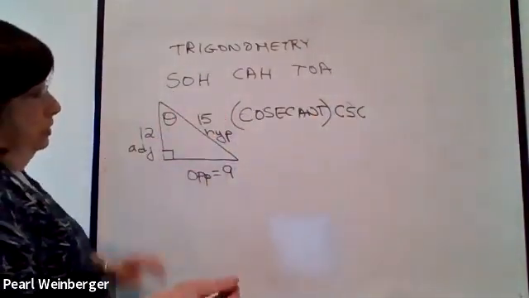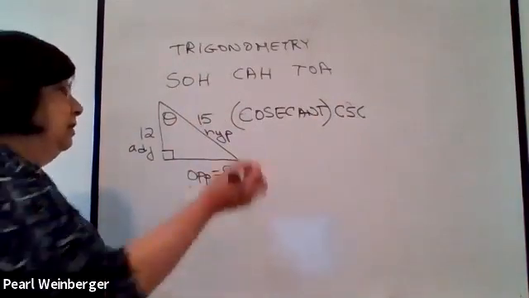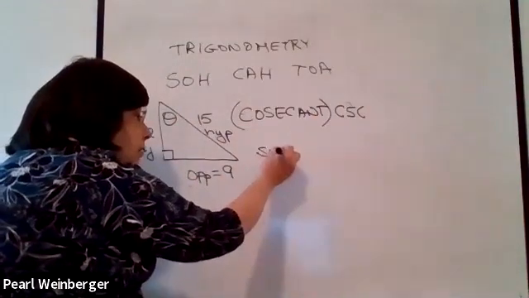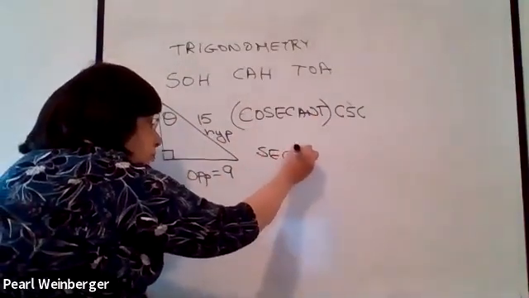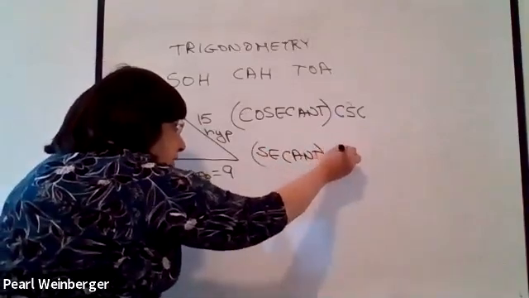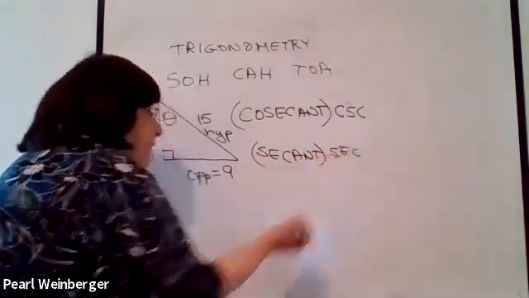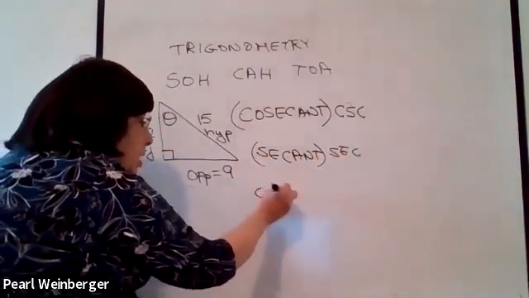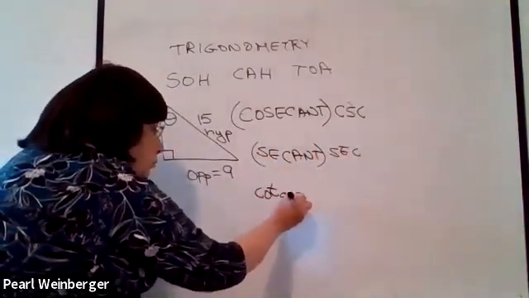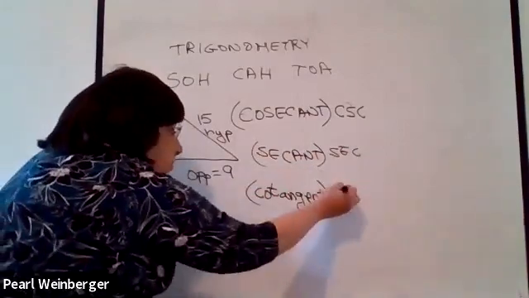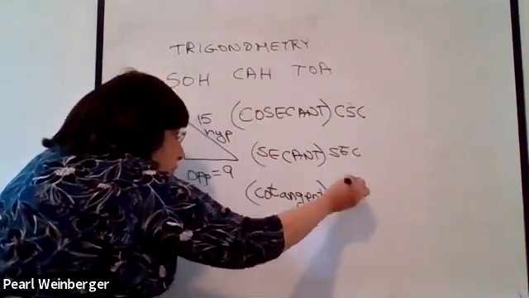So we have cosecant, CSC. Then there's something called the secant, which is written SEC. And finally, there's something called the cotangent, which is written COT.